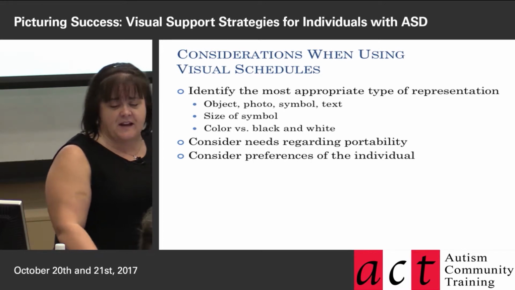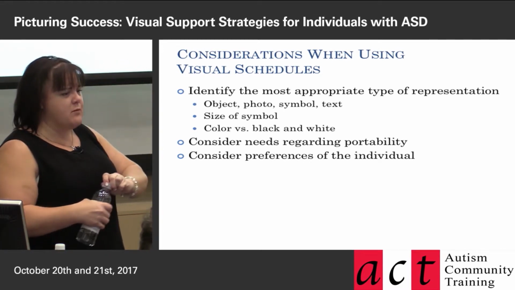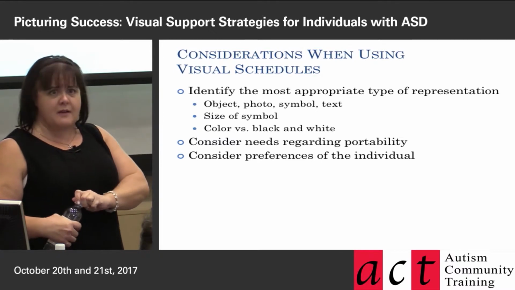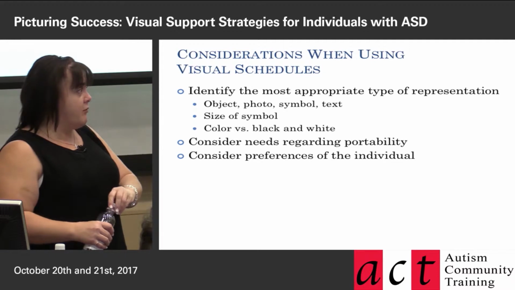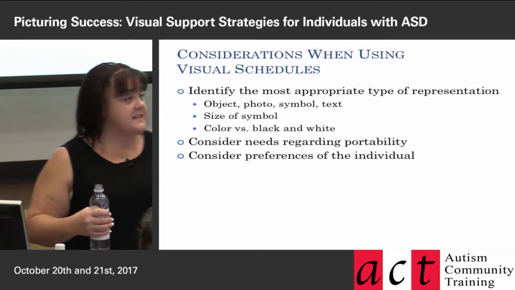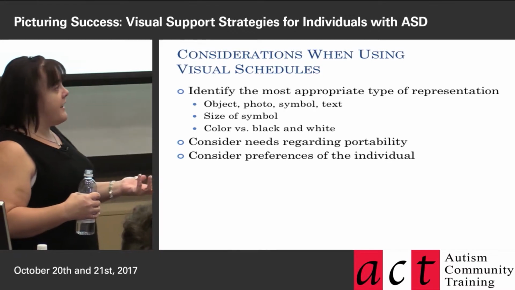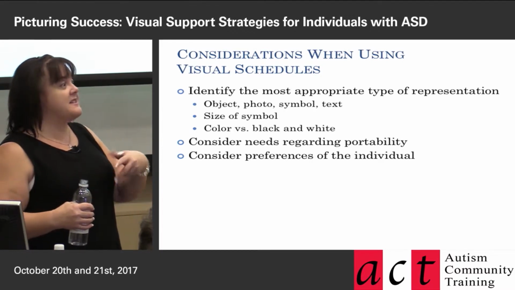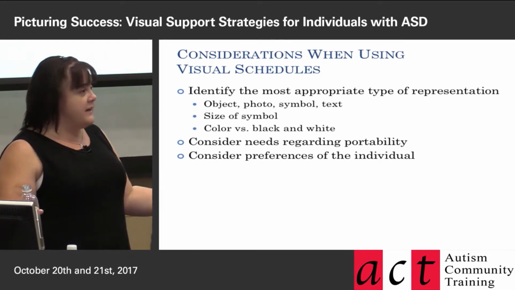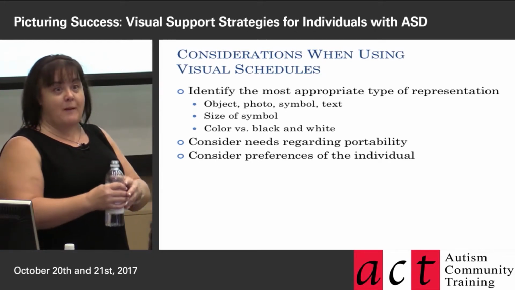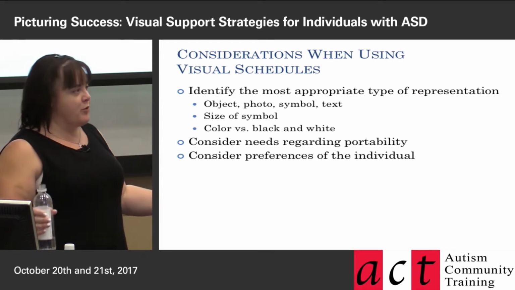And then some things to think about, right? The kinds of things you need to think about that are often in relation to the symbols, right? Making sure that the representation you're using is appropriate for the student. So again, it comes back to that symbol assessment discussion that we had this morning. Make sure that you're using a symbol that makes sense to the kid, because there's no point in giving a schedule to an individual with a bunch of representations that they don't understand, thinking that that's going to make their life more predictable.